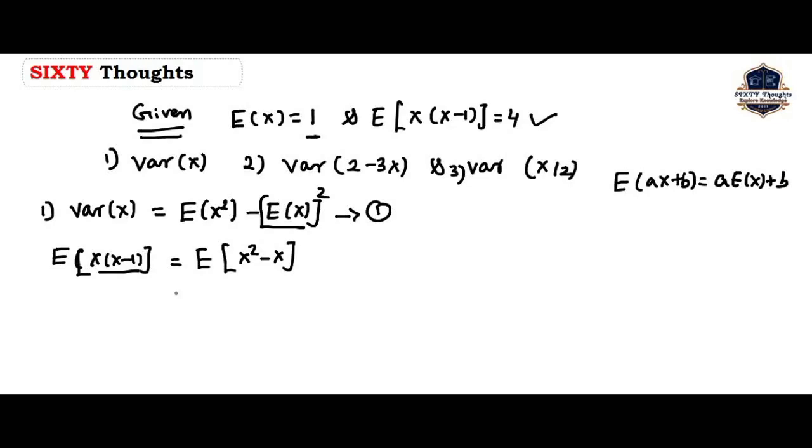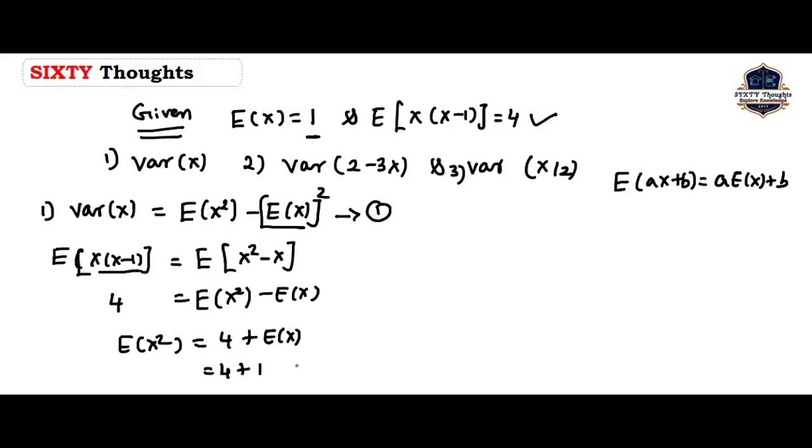Using this property, we get expected value of X square minus expected value of X. This value is given as 4. We need the expected value of X square, so bringing this term to the left-hand side, we get 4 plus expected value of X. We know the expected value of X is equal to 1. Therefore, we get the expected value of X square equal to 5.